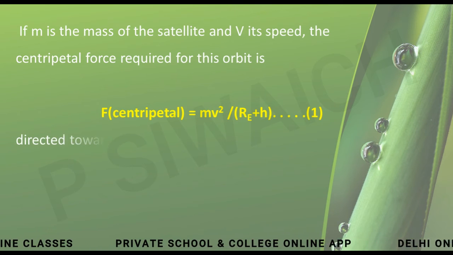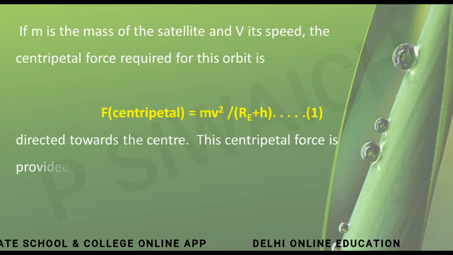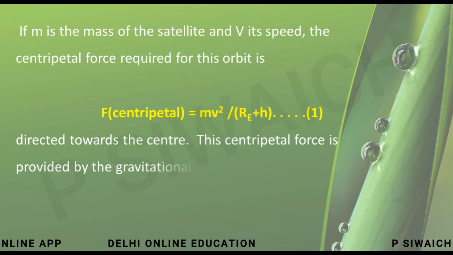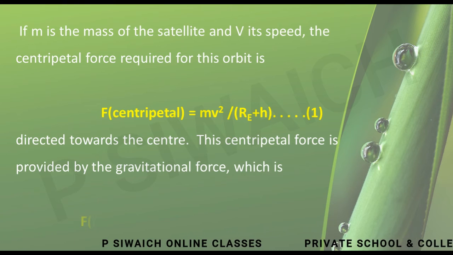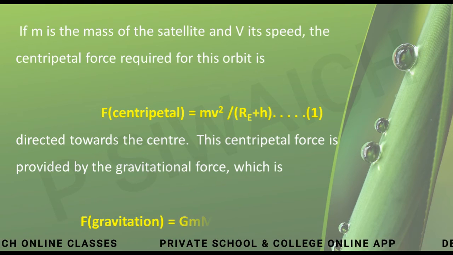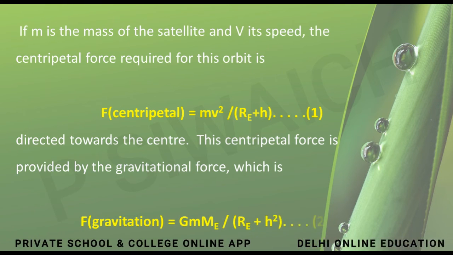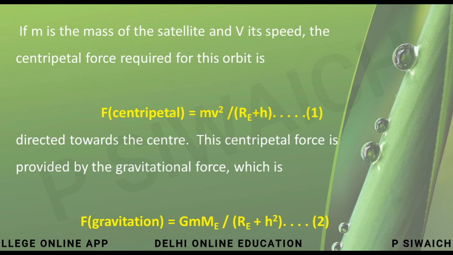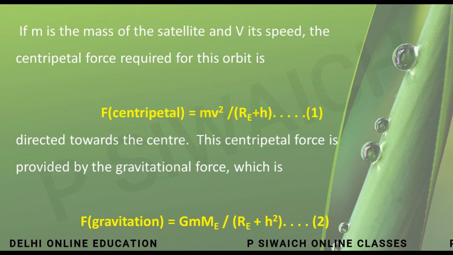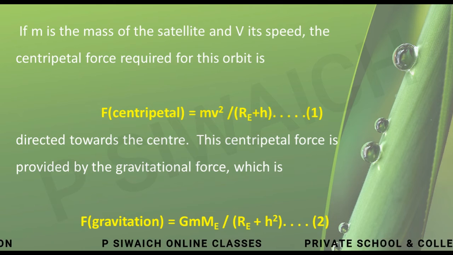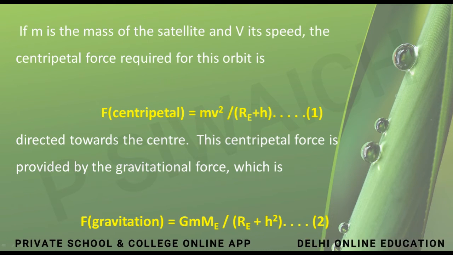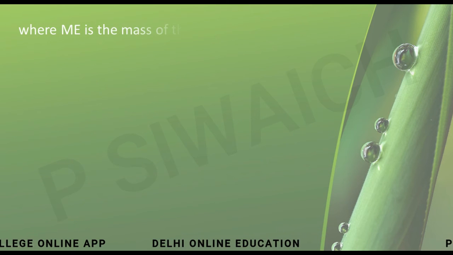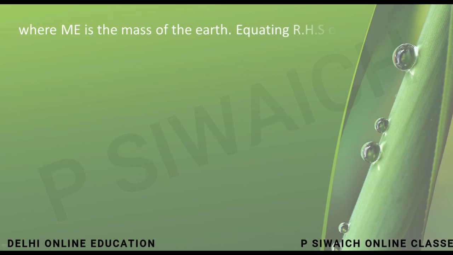Directed towards the center, this centripetal force is provided by the gravitational force, which is F gravitational equals G small m into capital M over (Re plus h) square, that is equation 2, where Me is the mass of the Earth.